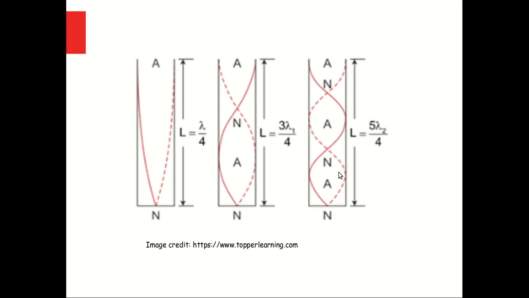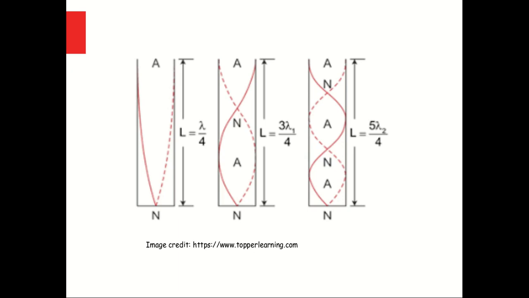So as we can notice here, not all harmonics are present in the clarinet. In the flute, we have said that all harmonics are present. That is, the ratio of harmonics is 1:2:3:4:5, and so on.